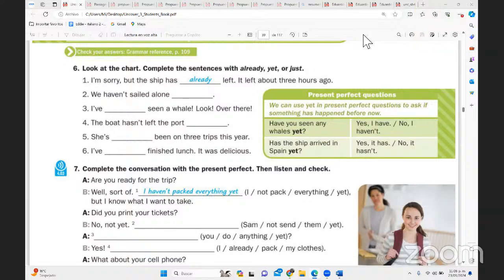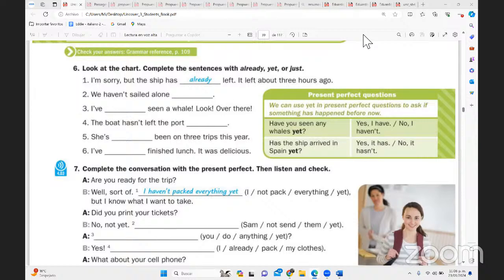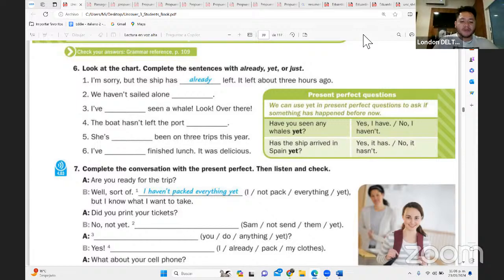In my life, I haven't done something too interesting and too funny. Okay, so I understood that you haven't done many things, right? Yep. Okay, well, thank you for sharing. If you think about another example, you can tell us in the chat.